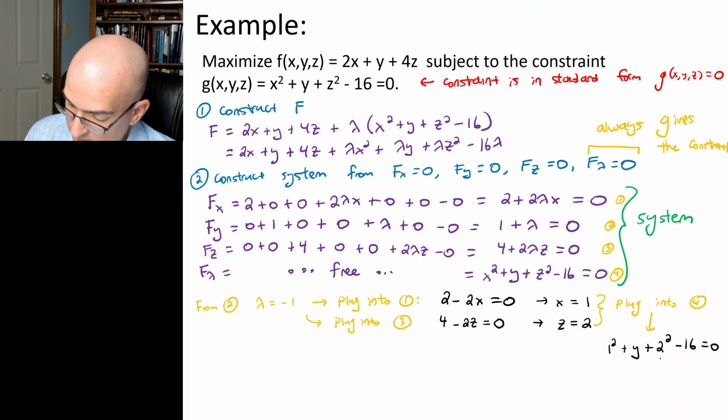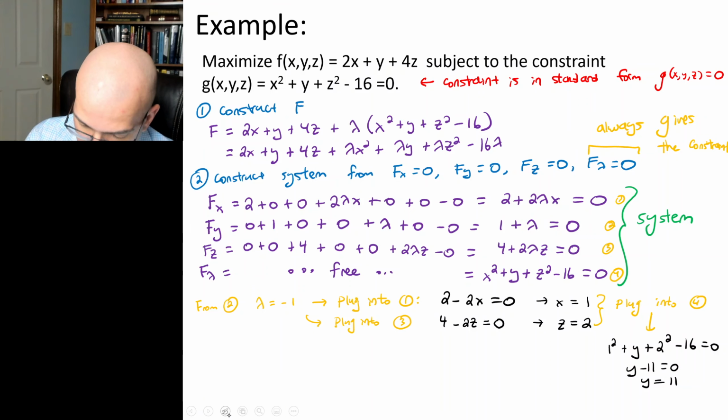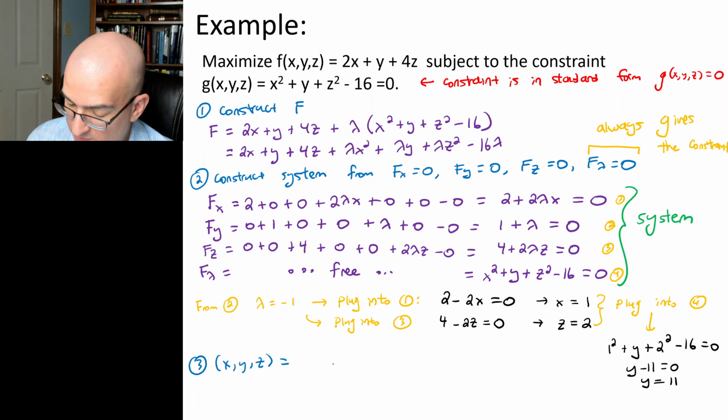So that's 1 plus 4, y minus 11 is equal to 0, so y is equal to 11. And we can conclude x comma y comma z is equal to the point that we just found, 1 comma 11 comma 2.